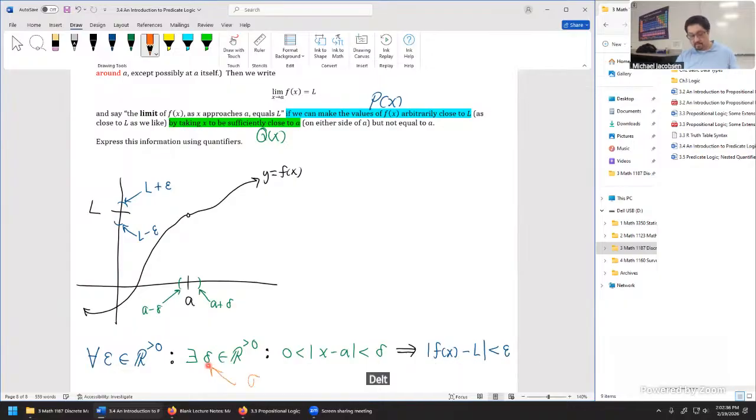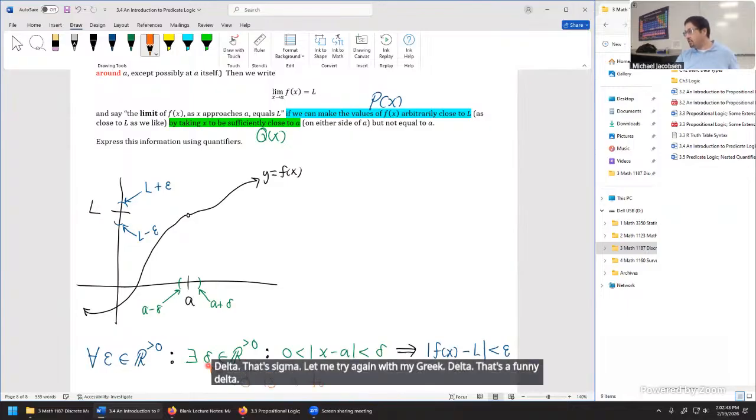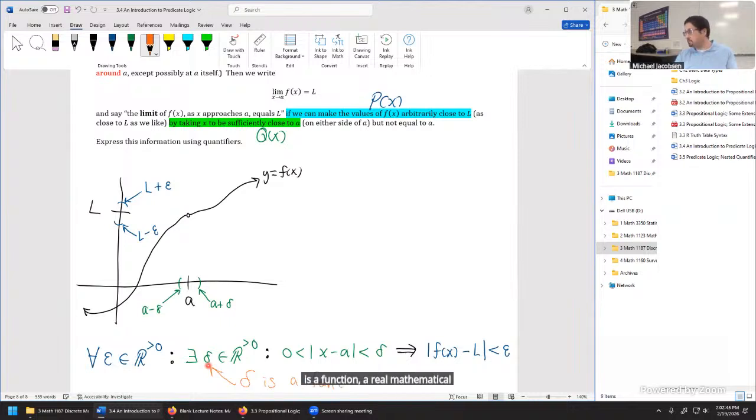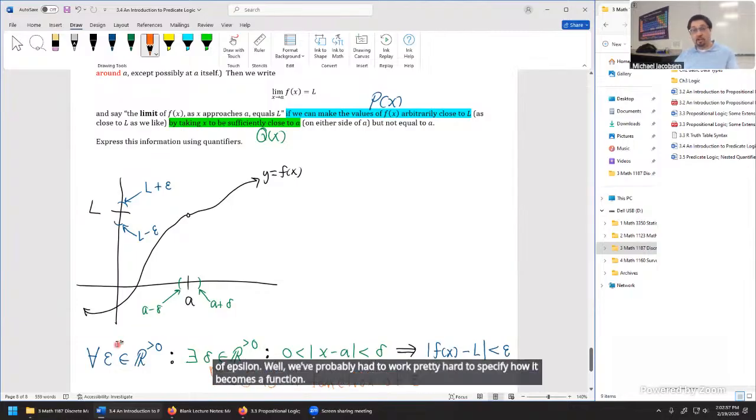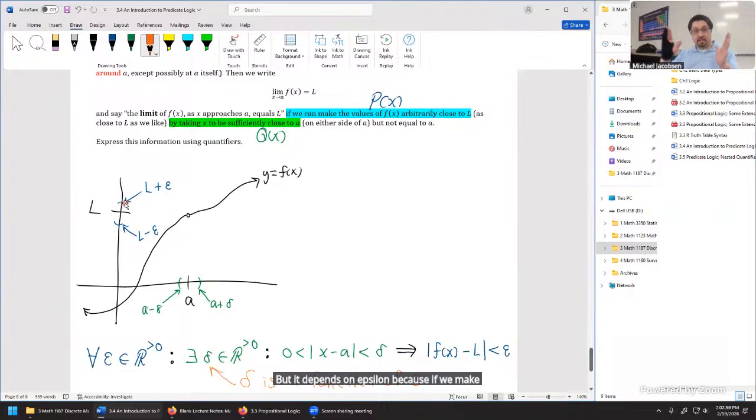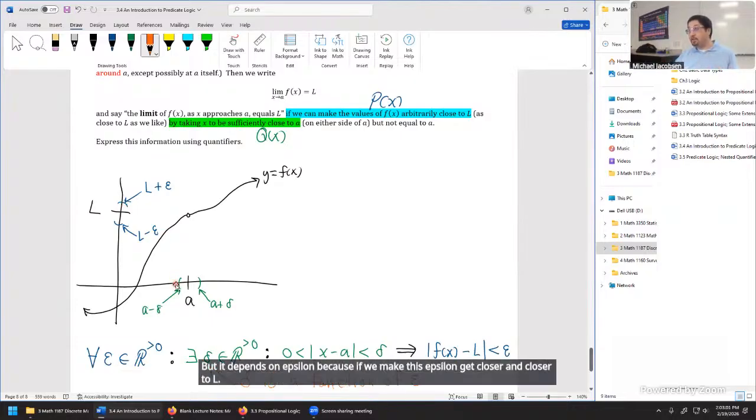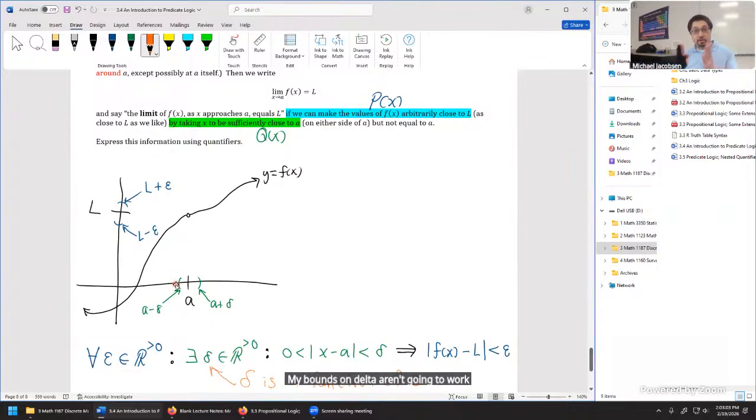Delta, that's a funny delta, is a function, a real mathematical function of epsilon. Well, we probably have to work pretty hard to specify how it becomes a function, but it depends on epsilon because if we make epsilon get closer and closer to L, my bounds on delta aren't going to work. I have to make them closer as well. So there's a dependence relation on the quantifiers as well.